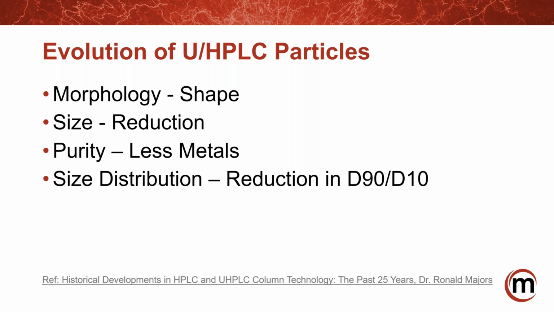So over time, we progressed to have less metals. And the innovation we're talking about today is the distribution of the size of the particles. So the dynamic volume of the particle distribution is what is being controlled here, and we'll show you how that's being done and how we measure that.